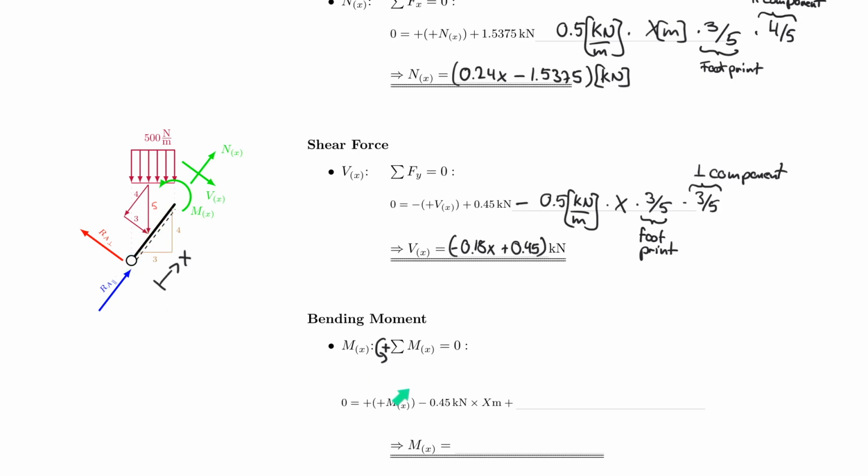And so the longer that gets, the longer x gets. And now we need to worry about this component times x. So let's look into that. We need first to create our resultant force, which is very similar to what we did for the shear force. So 0.5 kilonewton per meter multiplied by x meters multiplied by 3/5.